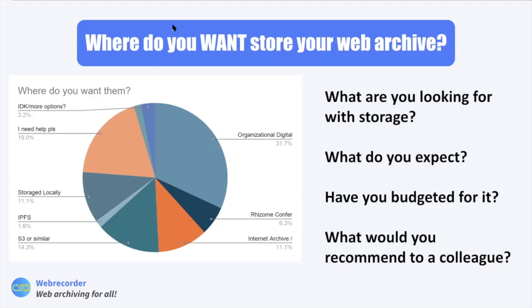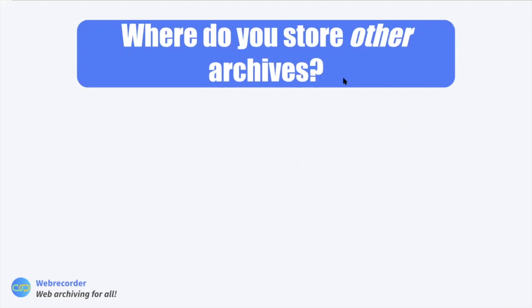Moving on from the results, the main next question that I always ask is, where do you store your other archives? In a way, web archives aren't all that different from other types of archives that you may already be storing.